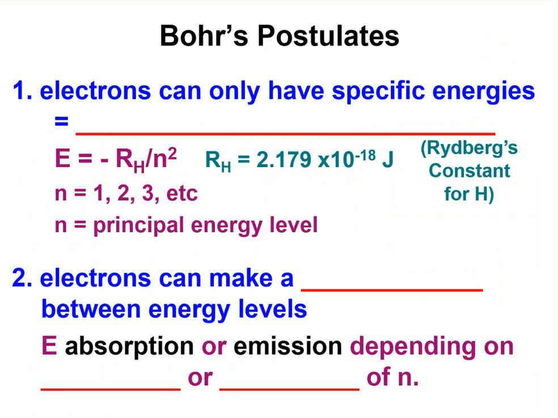Okay, so we're going to go through some simple Bohr's postulates about electronic structure. Electrons can only have specific energies, and we call these principal energy levels.